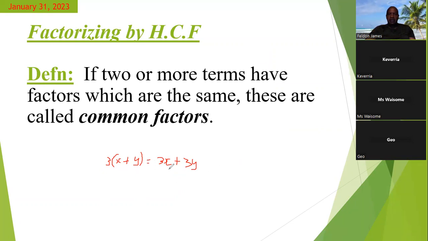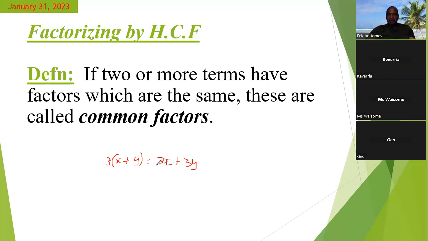All right, so if we look at this expression, 3x plus 3y, what can we do to this expression so we can get it back as 3 bracket x plus y? We have to look at each term in the expression. Look to see if you see any number and letters that are common within the terms.